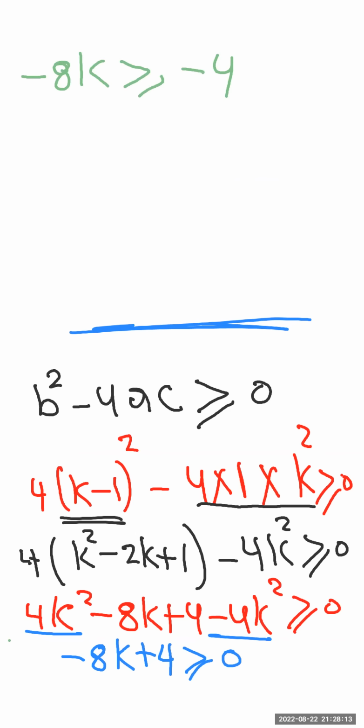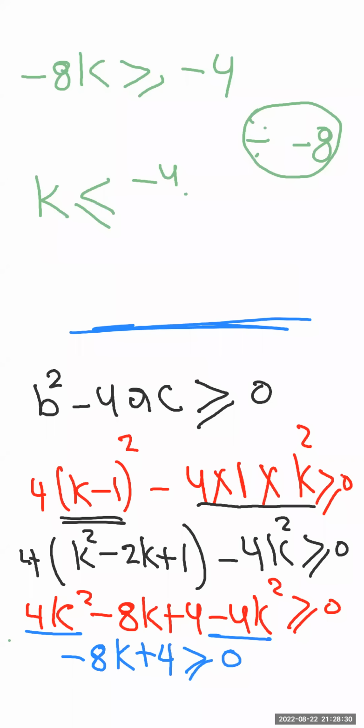Now, I'm going to divide the inequality by the coefficient of k, which is negative 8, divided by negative 8. Take care. I'm dividing by a negative, so k smaller than, change it to smaller than or equal, negative 4 over negative 8. So k smaller than or equal half.